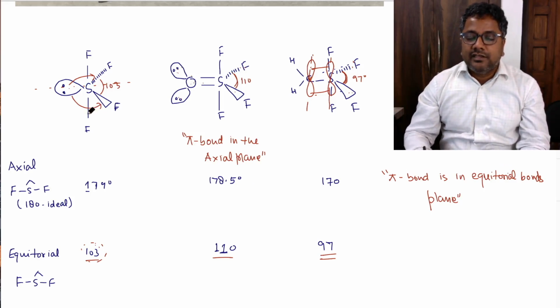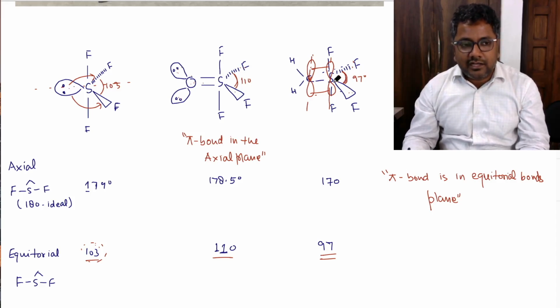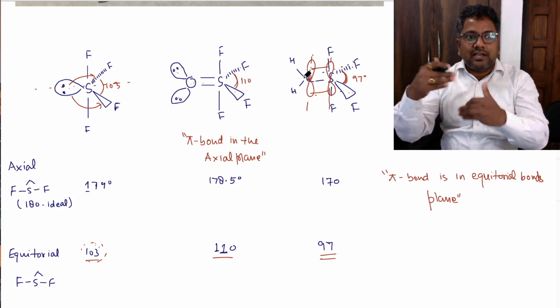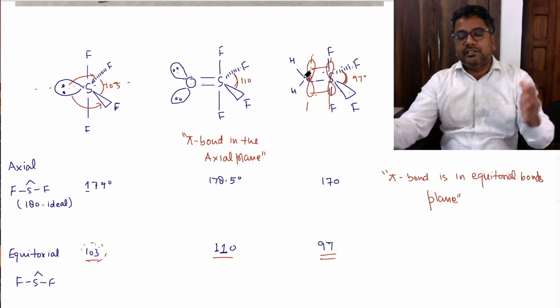See, in all these cases other things are the same, the only difference is here directly a lone pair, here a pi bond, and here again a pi bond. But here this pi bond and this pi bond have electron density in different planes, and due to this, see the difference.